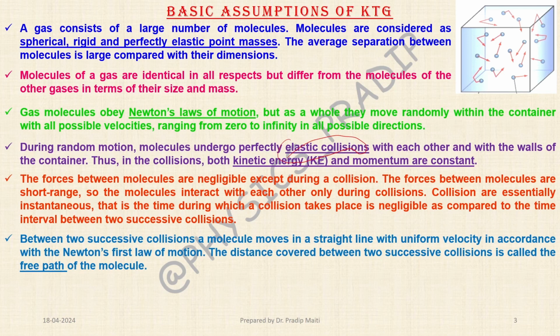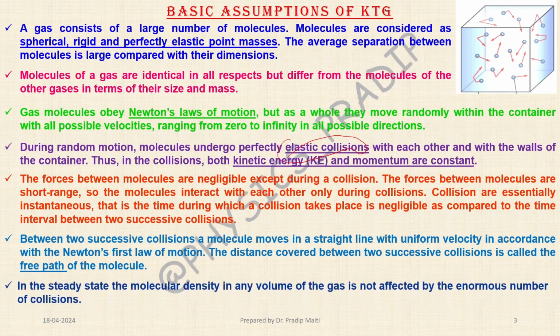The distance covered between two successive collisions is called the free path of the molecule. And the last one, in the steady state, the molecular density in any volume of the gas is not affected by the number of collisions. So these are the basic assumptions of the kinetic theory of gas, and remember it, they are very important points.